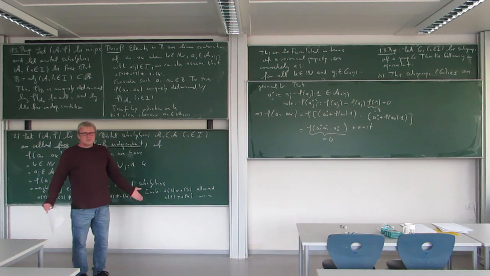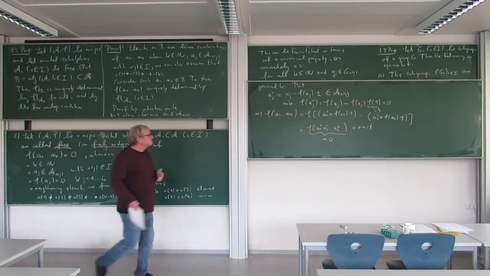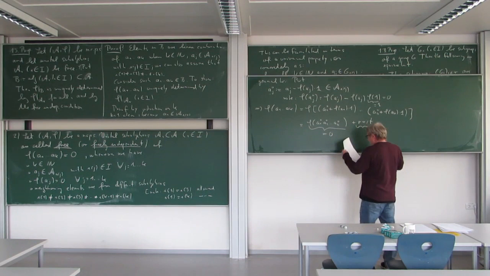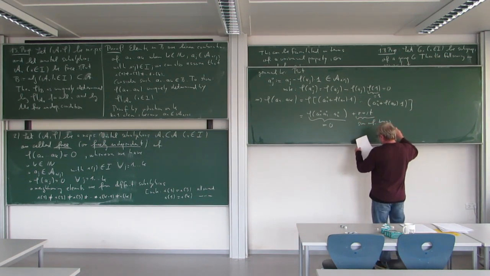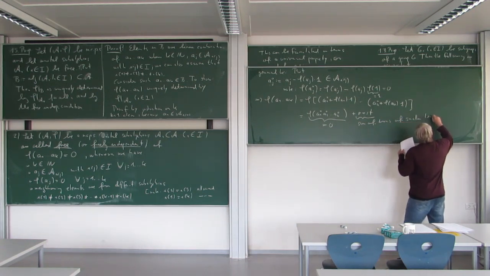And by induction hypothesis, I already know that I can express those in terms of the value of phi on the subalgebras. So this here, by induction hypothesis, first of all, is the sum of terms of smaller length.